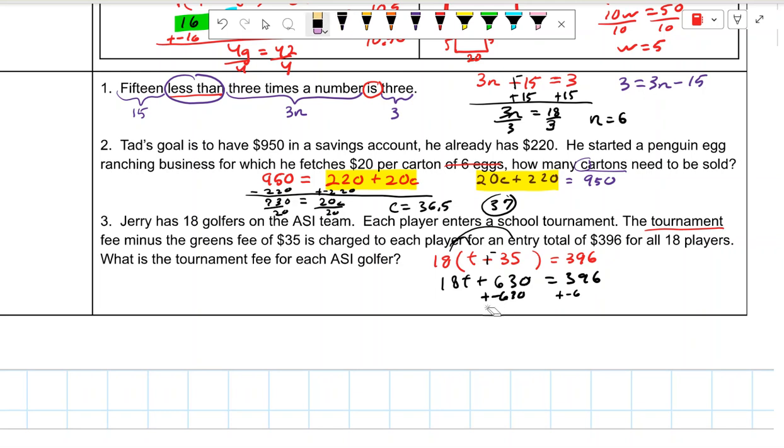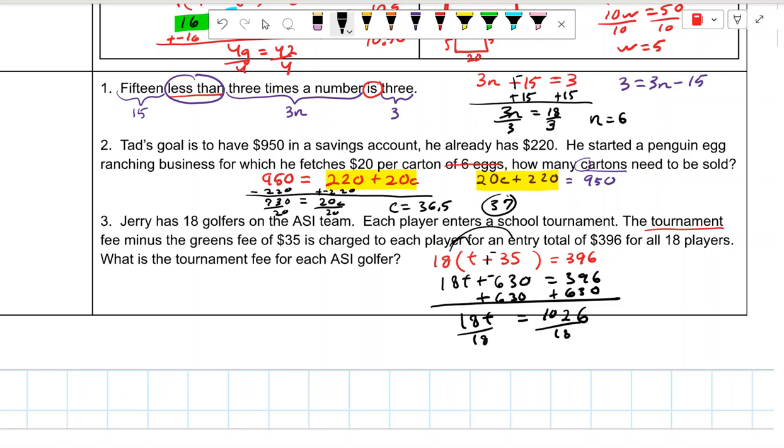All right, let's back this up. I forgot the negative sign right here, because a positive times a negative is a negative. All right, onward. Add a positive 630 to both sides. That straightens it out. And we get 18t is equal to 1026. We'll divide both sides by 18.